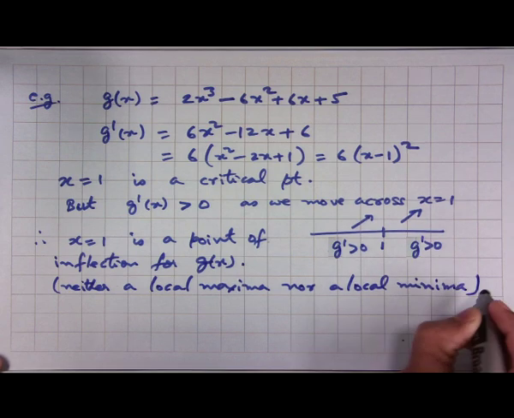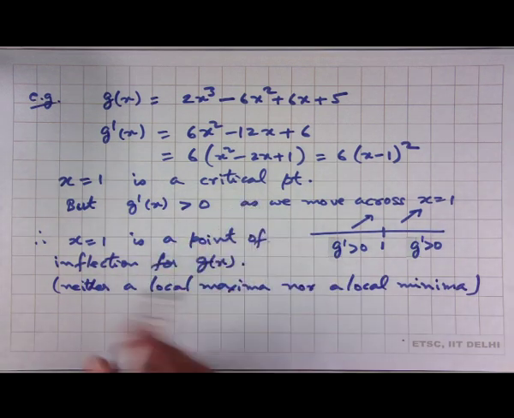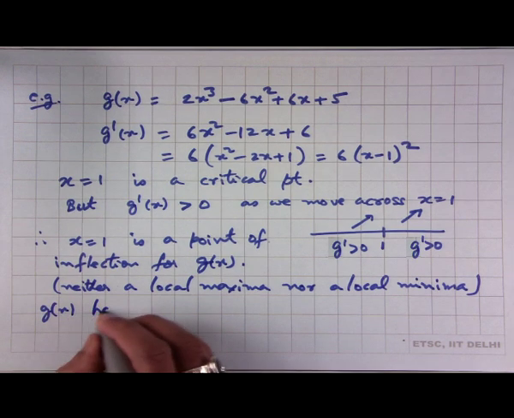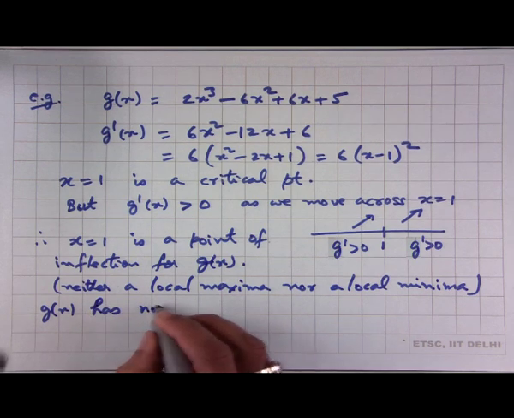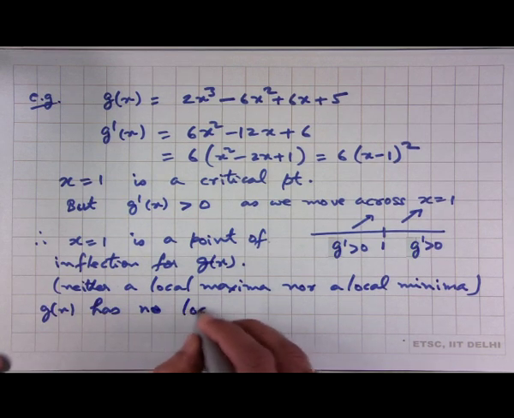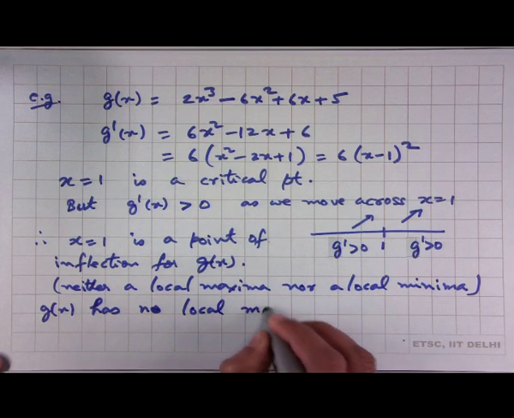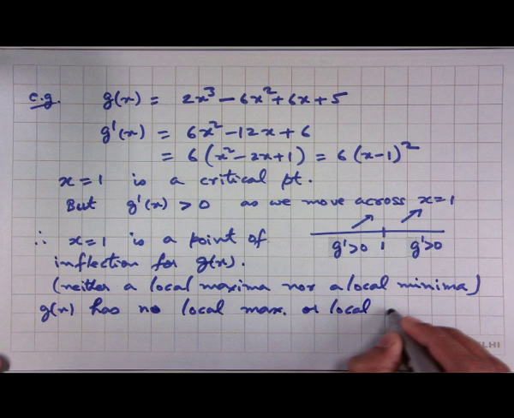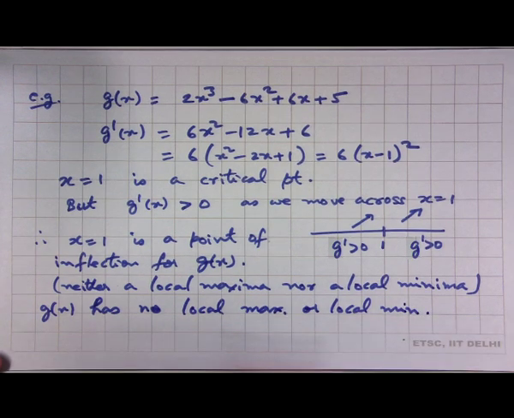So, g of x has no local max or local min. We will later see that we can also draw the graph of this function g of x using this information.